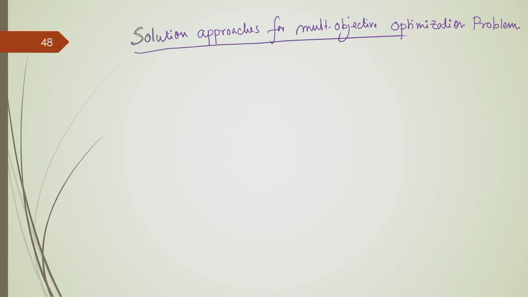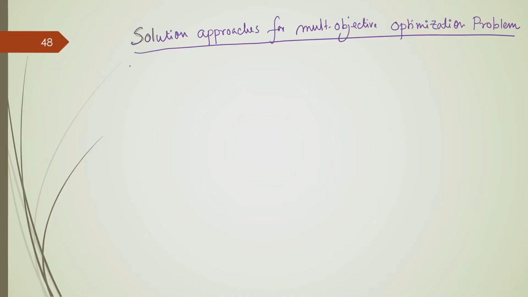So, there are different types of solution approaches proposed from time to time for solving multi objective optimization problems, and it is a very well known paradigm of research in optimization theory, and many people across the globe are working on this. Okay.